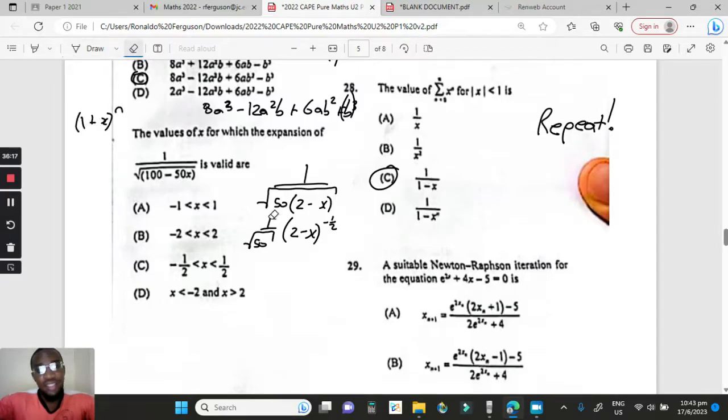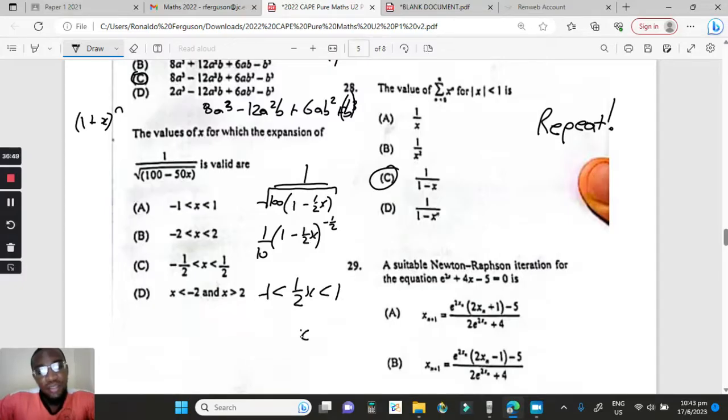So actually, I needed to factor out 100, so I get it in the form 1 minus half x. So this is 1 over square root 100, which is 1 over 10, times 1 minus half x to the minus half. Remember half x is between 1 and minus 1. So multiply through by 2, x should be valid between 2 and negative 2. That is option B.